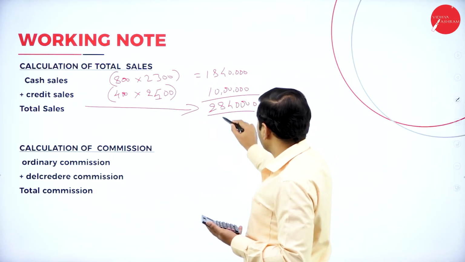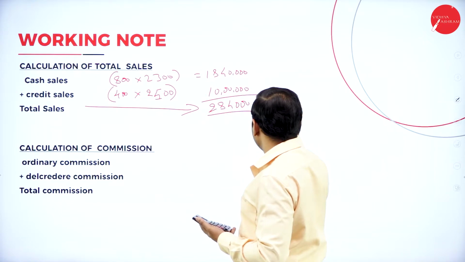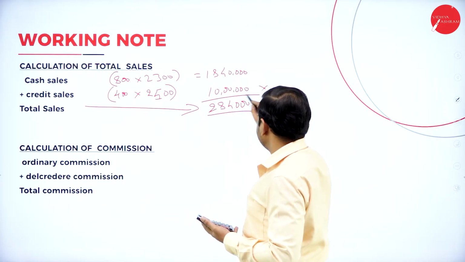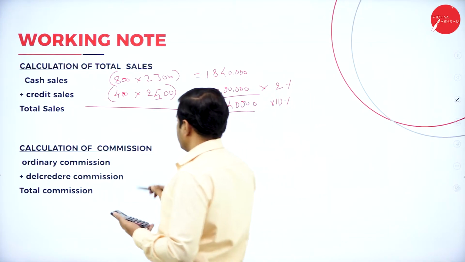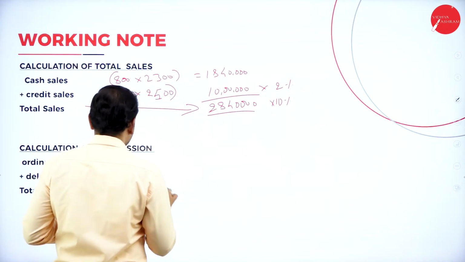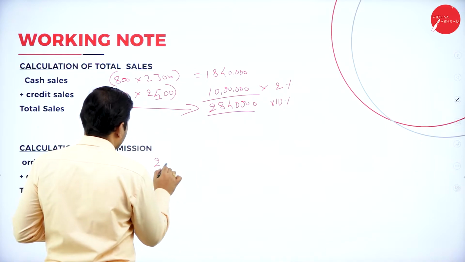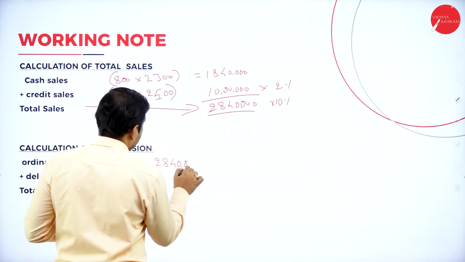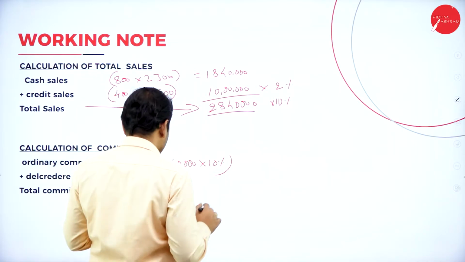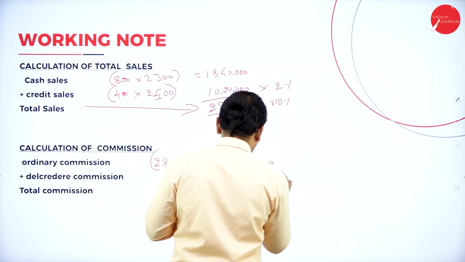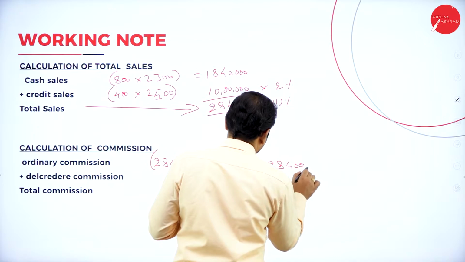See, on total sales 10% commission we have to pay. On credit sale you have to pay 2% del credere commission. So ordinary commission 10% on total sales: 28,40,000 into 10% equals 2,84,000.